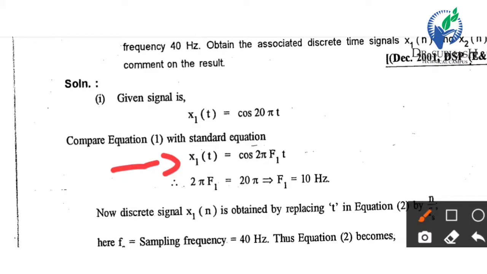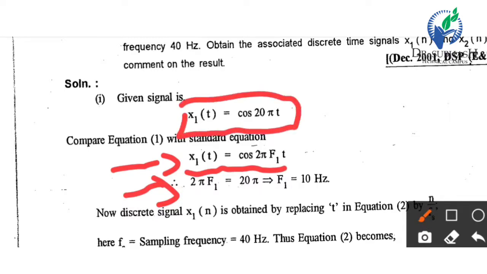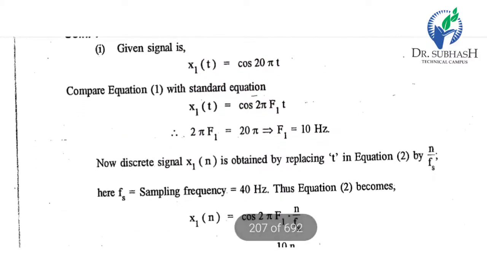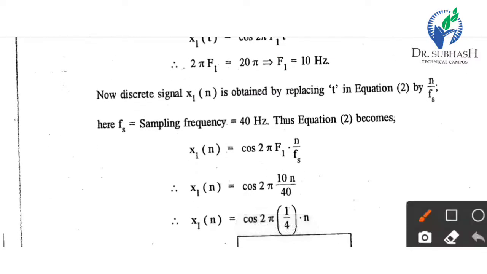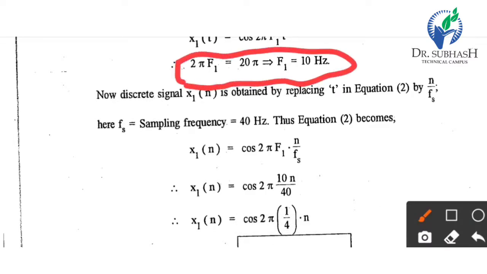So by comparing, pi cancels, t cancels, 2 f1 equal to 20. So we will get f1 equal to 10 Hz.